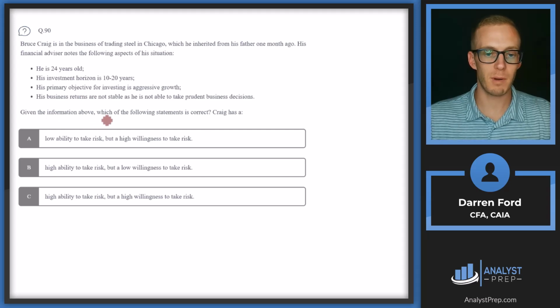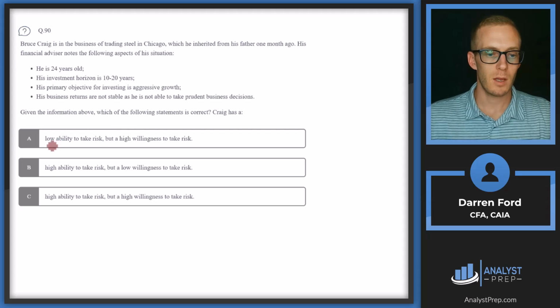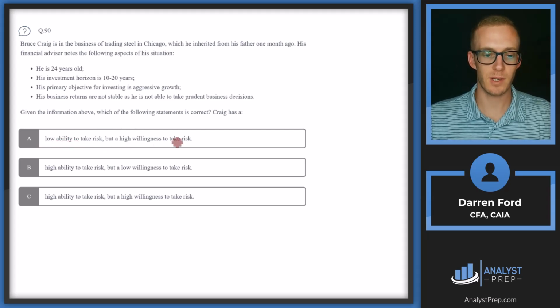Given the information above, which of the following statements is correct? Craig has A, a low ability to take risk, but a high willingness to take risk. B, a high ability to take risk, but a low willingness to take risk. Or C, high ability to take risk, but a high willingness to take risk.